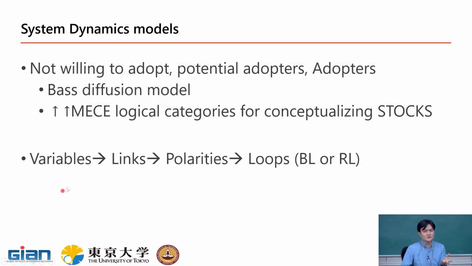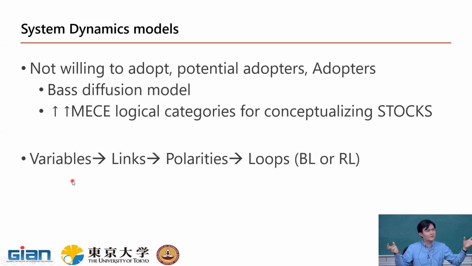Okay, stocks. For HSR, you can definitely borrow our adoption categorization that's based on the Bass diffusion model. But for other systems, you have to think about what kind of stocks, or what kind of logical categories, you want to separate into. There are multiple variables. This was the exercise you did with the assignment. You want to zero in on the variables.